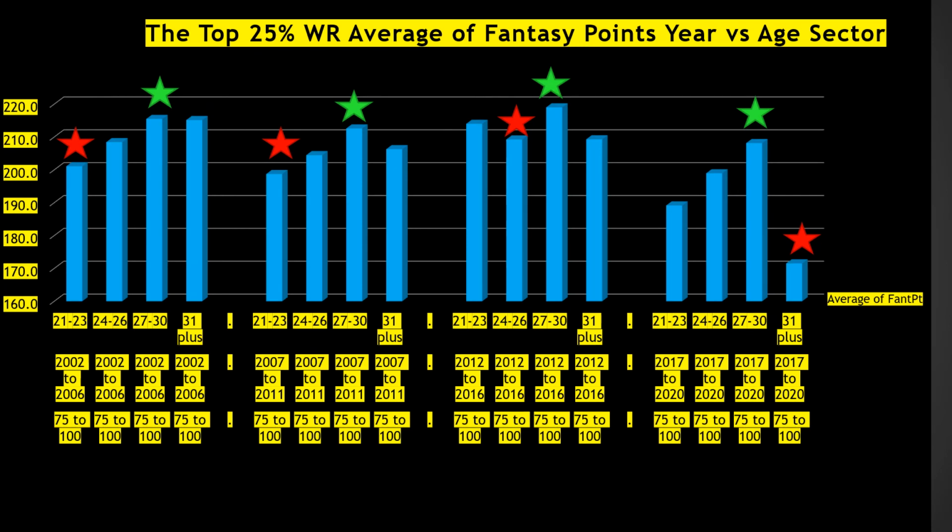Same thing, look at even though fantasy points have gone down, the 27 to 30 consistently are at the top, which is very intriguing. Old dogs, what the hell happened? Look, they just dropped off the map here. Is that COVID? The old dogs getting that COVID and they can't bounce back? Is that COVID or is that something else? Did we get a bounce back? Maybe I'm overplaying this.